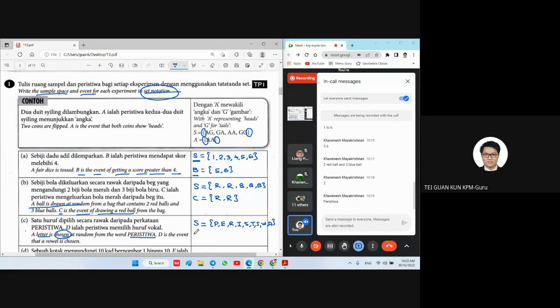Okay, so D is what? D is event. Vowel is chosen. Vowel means what? Apa maksud vowel? Vocal. Apa maksud vocal?